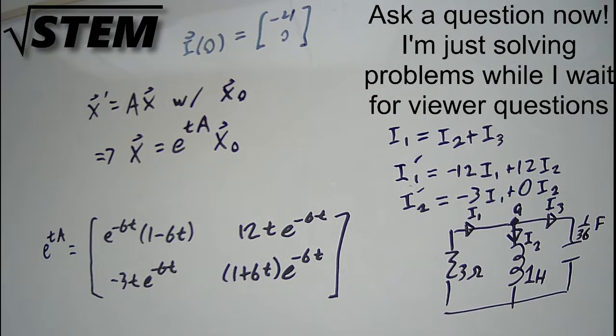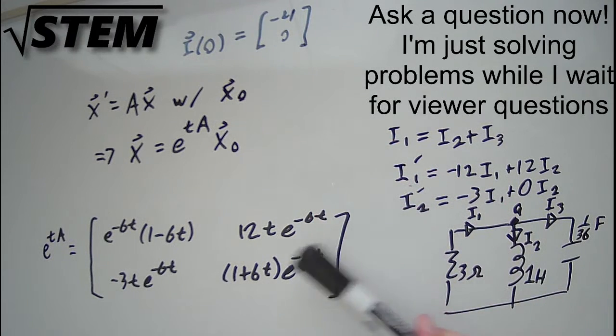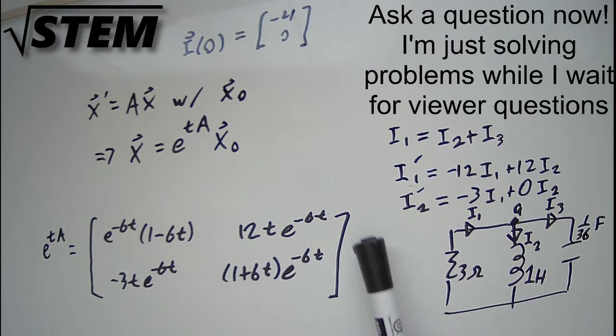So what we can do is take this initial condition, multiply e to the tA on the right by that initial condition, and then we'll get a solution to this system.